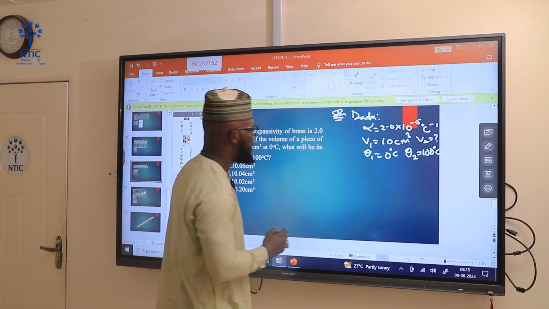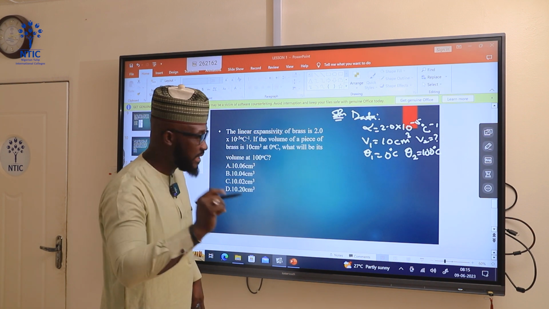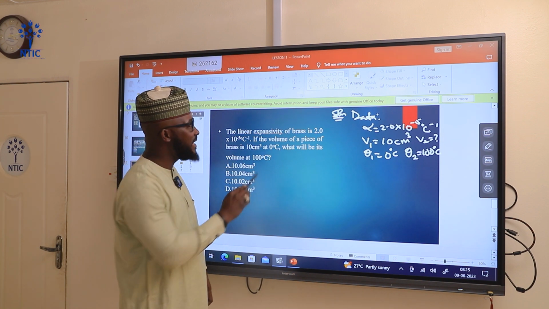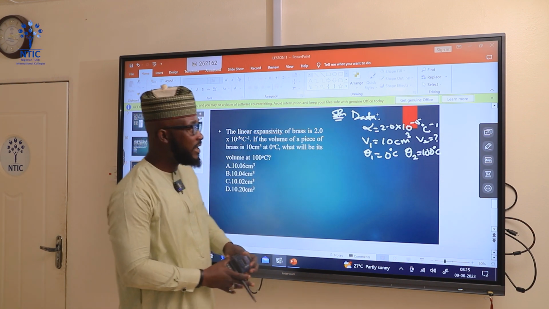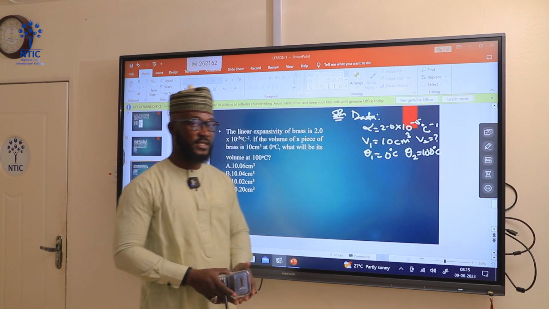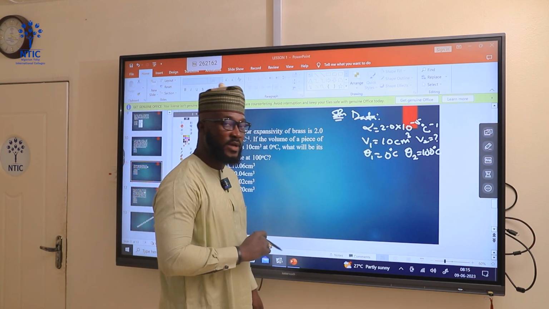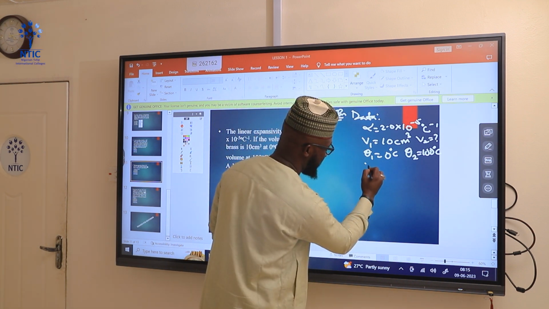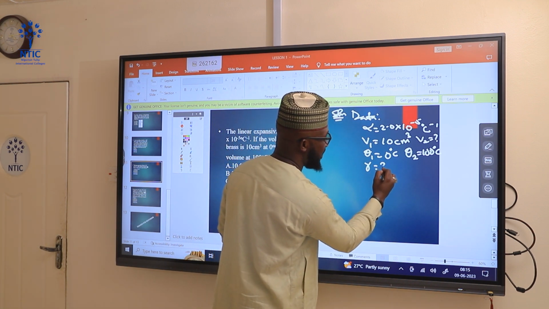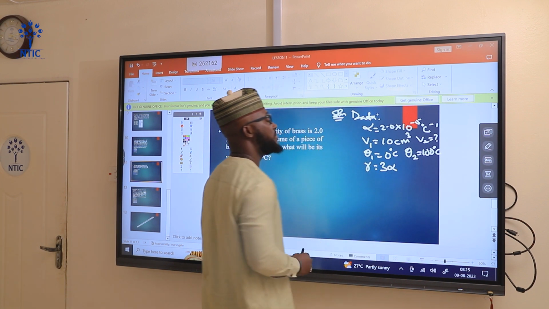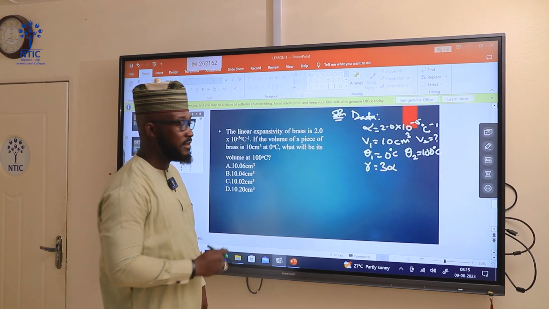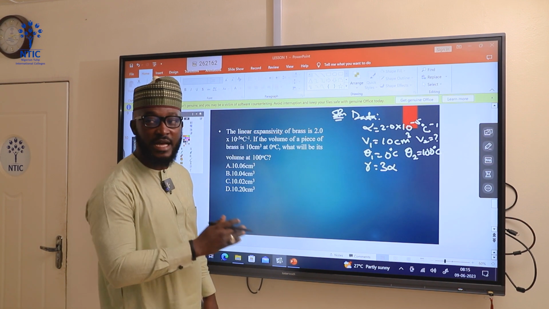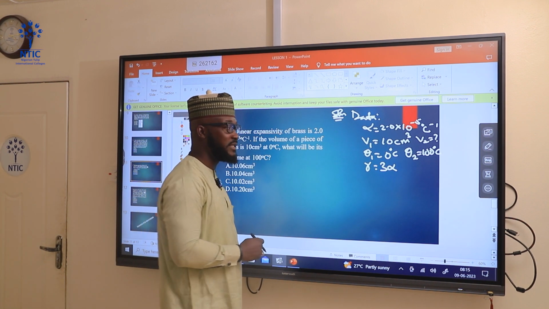Now here, there's something very important to note. We are given the linear expansivity, but every other thing is for volume expansivity. All you need to do here is remember the simple relationship that volume expansivity is 3 times the linear expansivity.